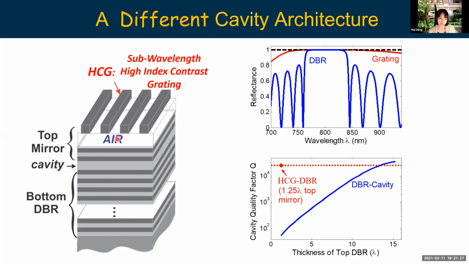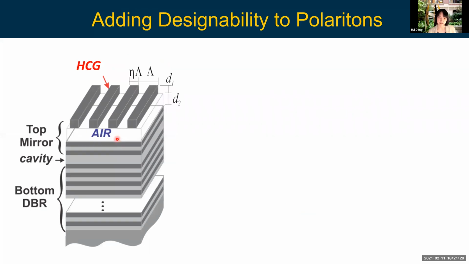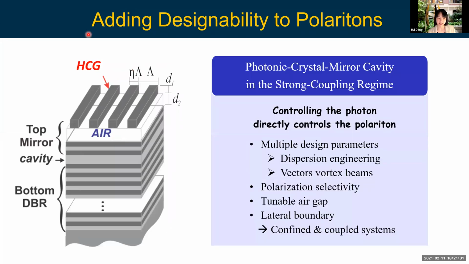What the photonic crystal gives us is many parameters that we can now control and vary to adjust the properties of the photon mode. Since we're in the strong coupling region, the photon is just a part of the polariton. When we do something to the photon mode, it automatically transfers to the polariton modes. So that gives us a huge flexibility to modify the properties of the quasi-particles we work with.